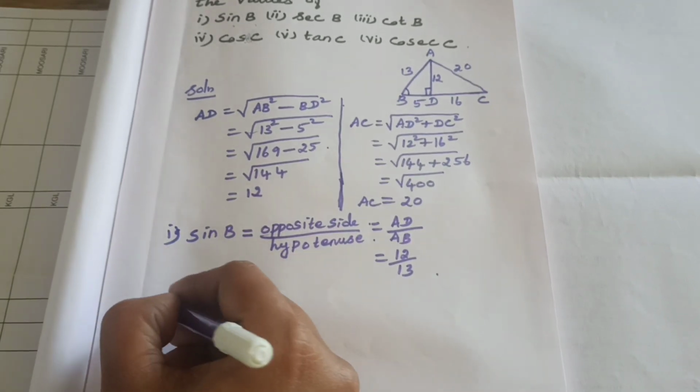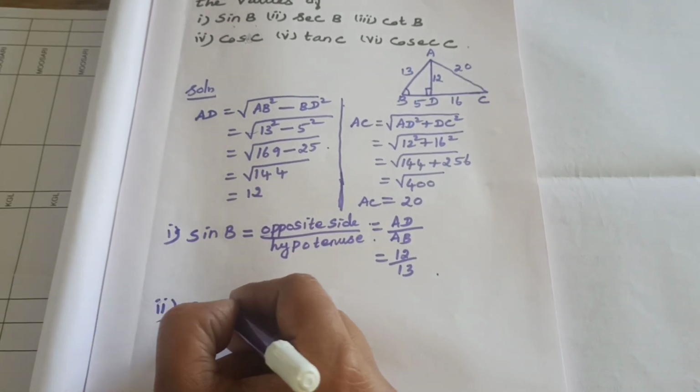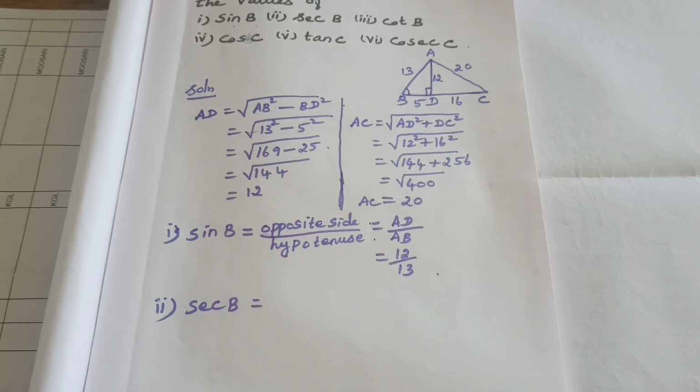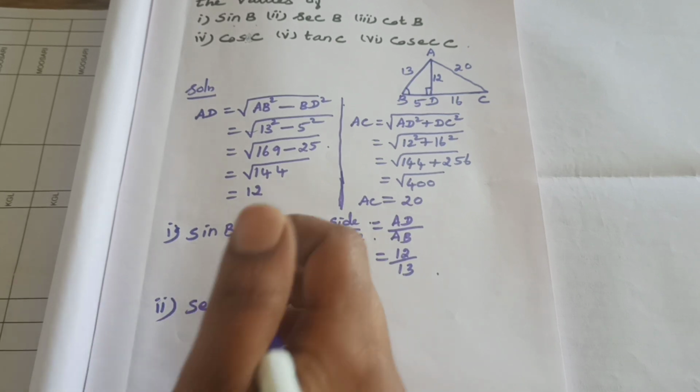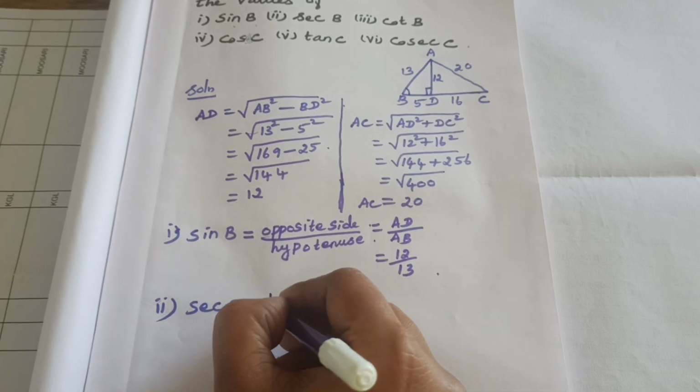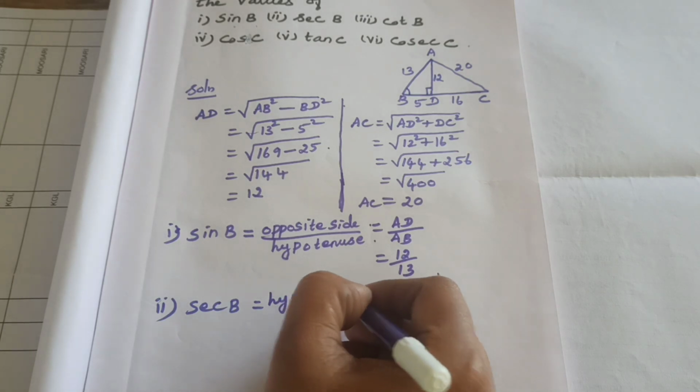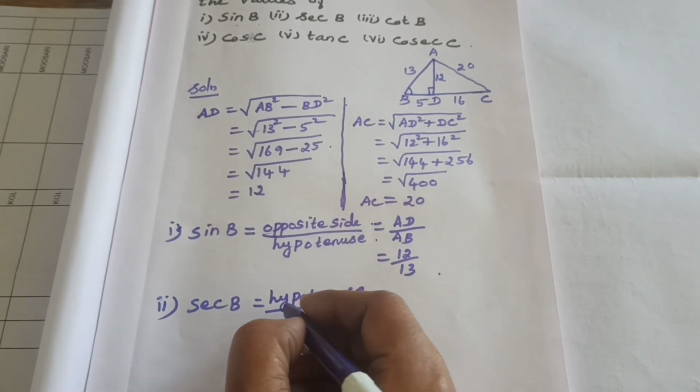Second one, secant B. Secant B is equal to, how can we write? You say secant B. Secant B is hypotenuse divided by adjacent side.